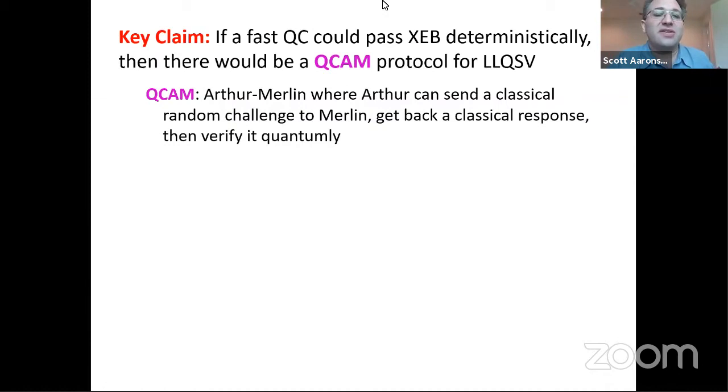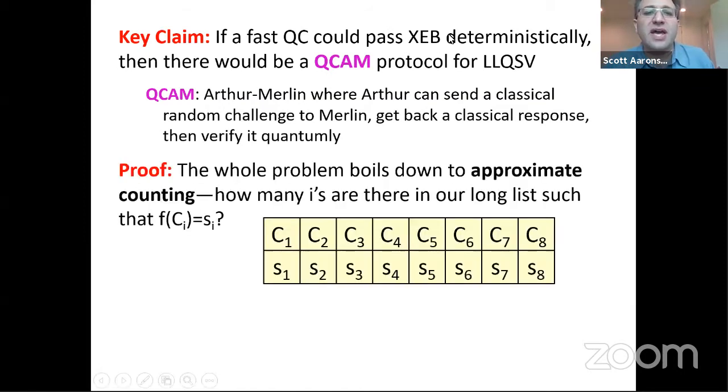And the key claim is that if there were a quantum computer that could pass the linear cross entropy test in a secretly deterministic way, then there would be a QCAM protocol for LLQSV, where QCAM means quantum classical Merlin Arthur. So it's just AM with a classical Merlin and a quantum Arthur who can verify the response.